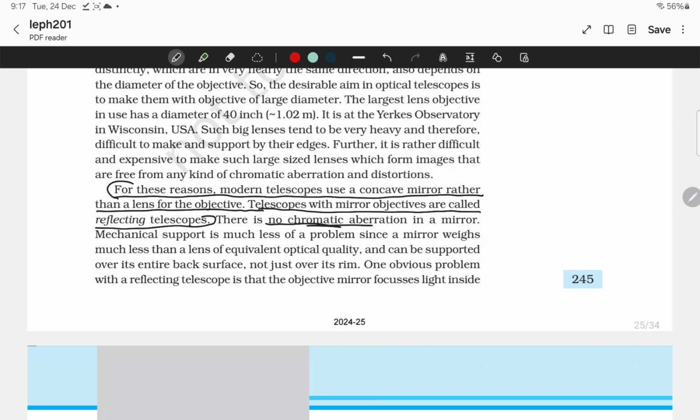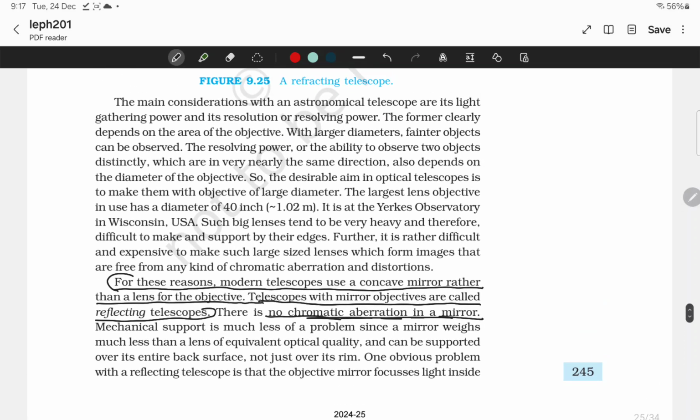There is no chromatic aberration in the mirror. Okay. Look, why? Before this, we'll go through these things. The reason for the failure of normal telescope is that it is very difficult and expensive to make large sized lenses which form images that are free from any kind of chromatic aberrations and distortions.